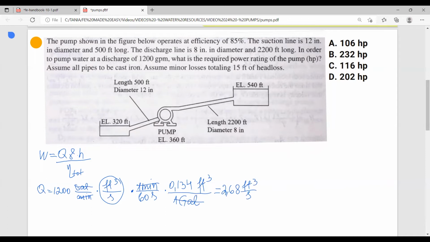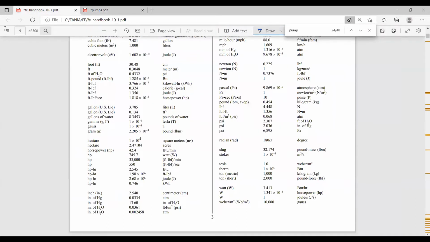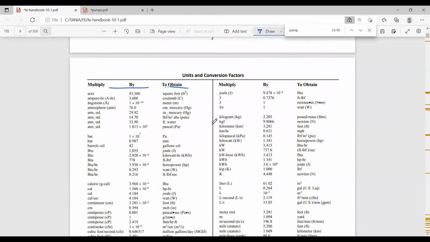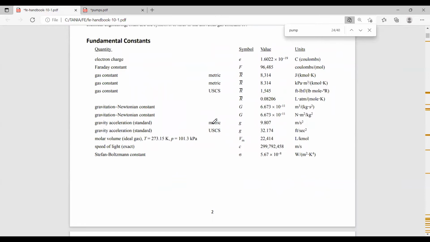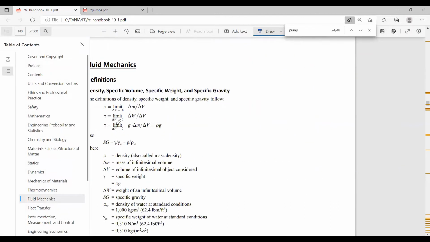Great. And then the next is the gamma of water. Gamma water is given in the FE handbook. It's actually specified a few times throughout the handbook. Fluid mechanics, let's go here.